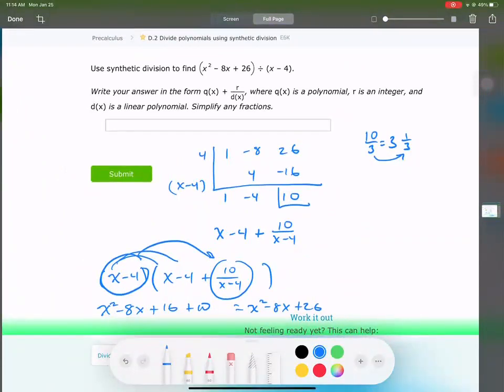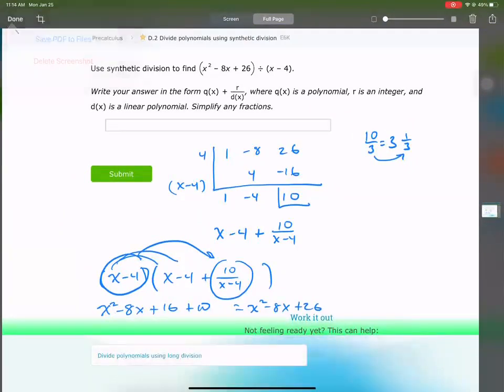This is what the answer looks like. That's my remainder. Okay, so how do you write this in IXL? Let's see if I can remember this.